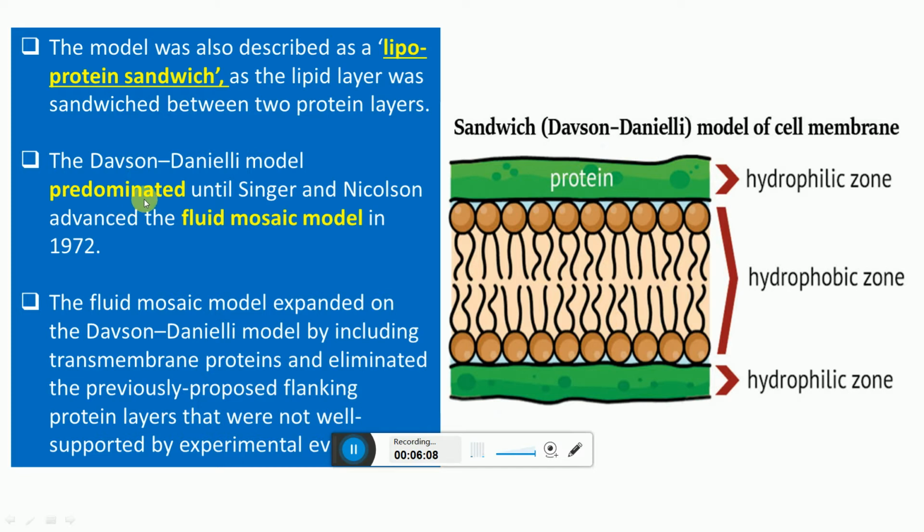The Danielli-Davson model was predominant until the Singer-Nicolson model came, that is the fluid mosaic model. The fluid mosaic model expanded on the Danielli-Davson model. It was the base of the fluid mosaic model, which previously proposed flanking protein layers around the lipid bilayer, sandwiching them.